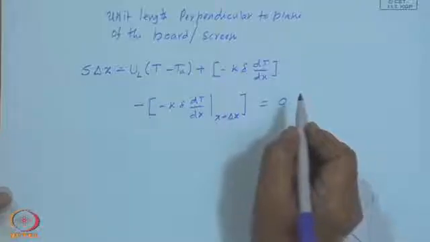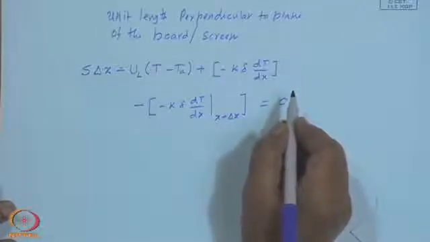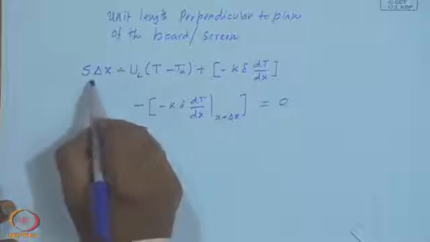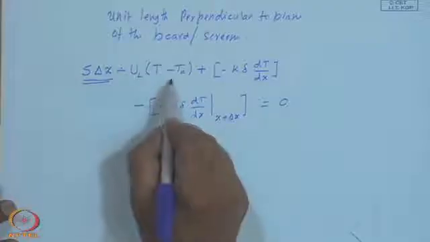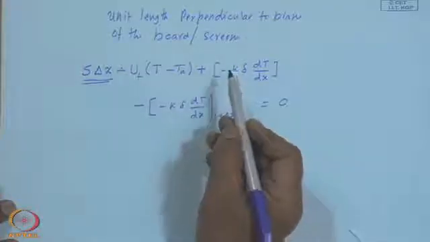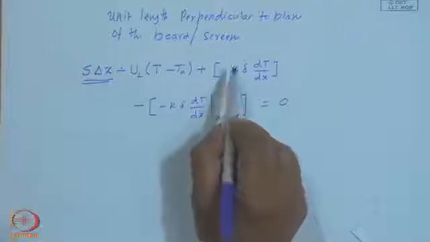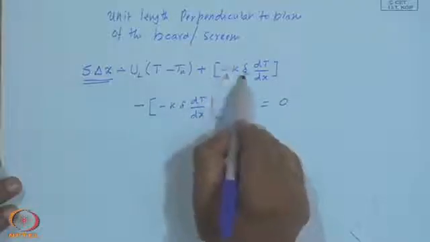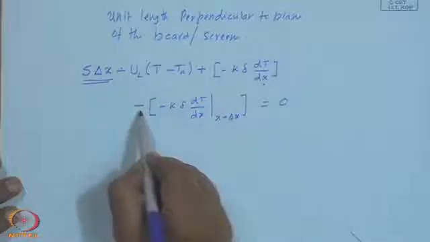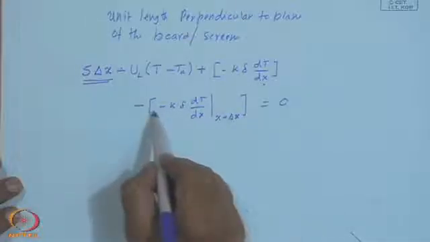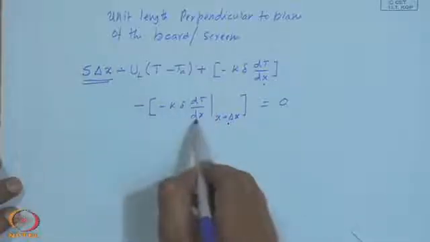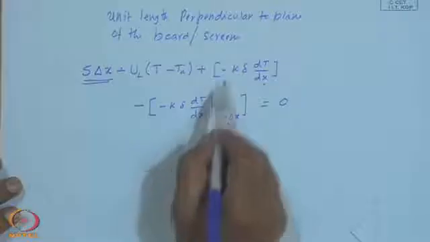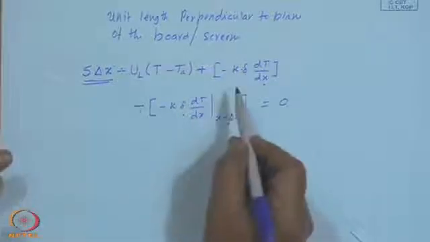I prefer to write this equation not just as an equivalent, but in terms of physics. This is an entering radiation that is absorbed, and U L into T minus T a leaves, it is a loss, and on one side the entering is given by Fourier law of conduction, minus k delta dT/dx, and what presumably leaves the control element is the same thing at x plus delta x. So, there is a minus sign. Now, the gradient of dT/dx is going to take care of whether this is positive or this is larger, this is smaller, etc.